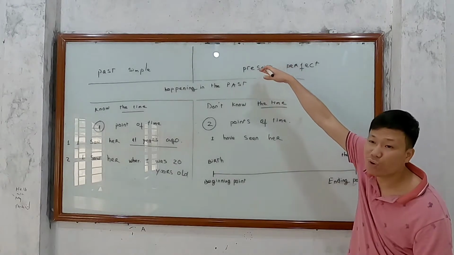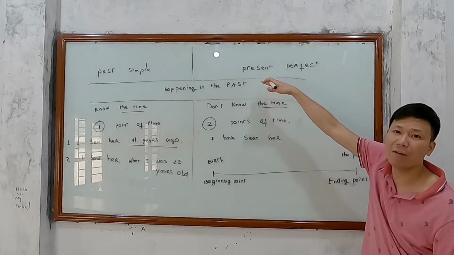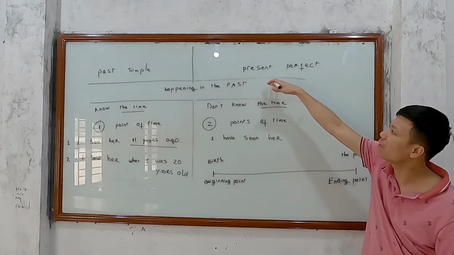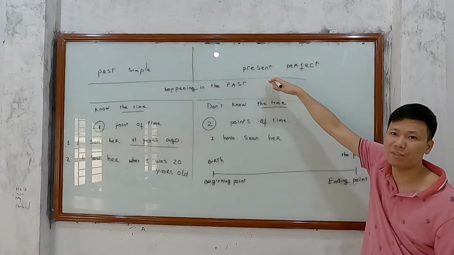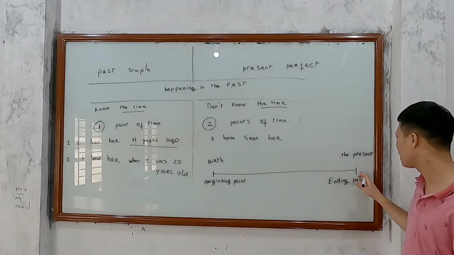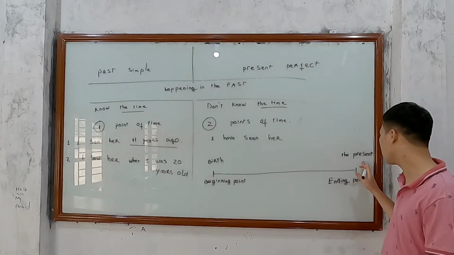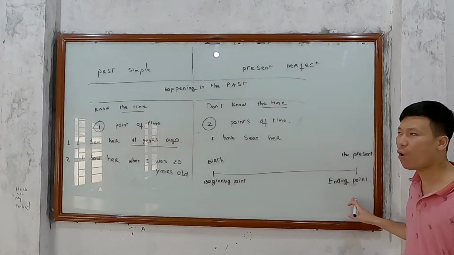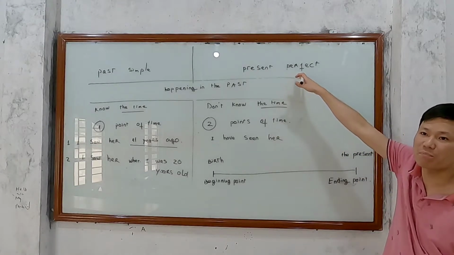But because it's present perfect, every action happened in the past. So it couldn't exceed the present. So the present is the ending point in the present perfect.